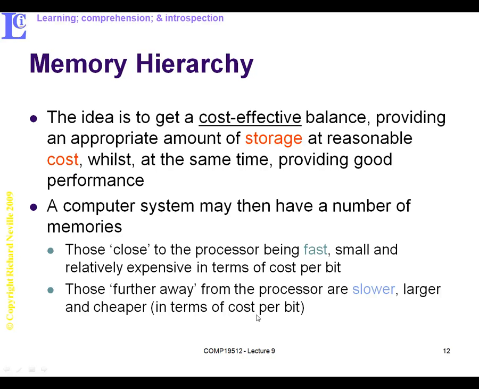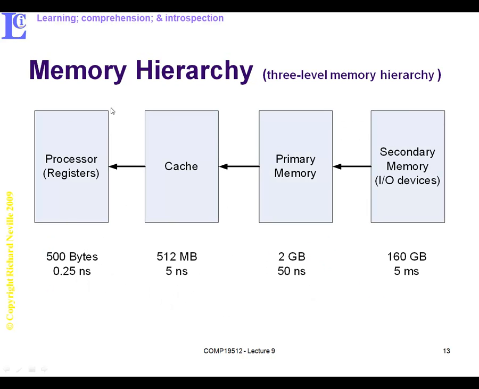Let's go and have a look then. So here's a three-level memory hierarchy, and it's three-level because it's got a cache, primary memory and secondary memory. So the diagram depicts this very well as a hierarchy. At the top of the hierarchy is the processor with a set of registers.